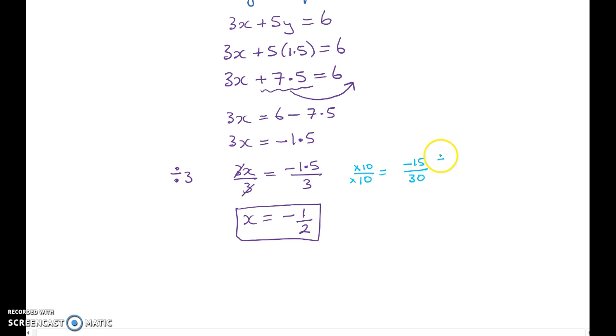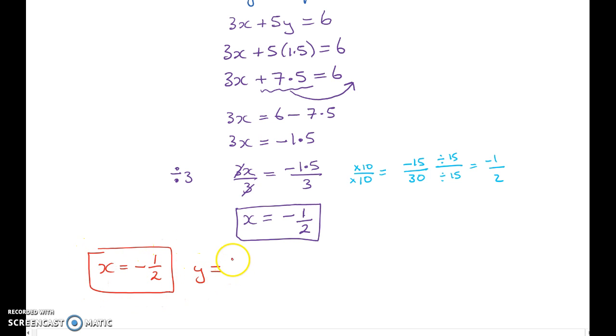Then divide both by 15, which goes into both, so you get negative 1 on the top and 2 on the bottom, negative 1/2. So we now have both our answers: x equals negative 1/2 and y equals 1 and 1/2. Okay. Thank you.